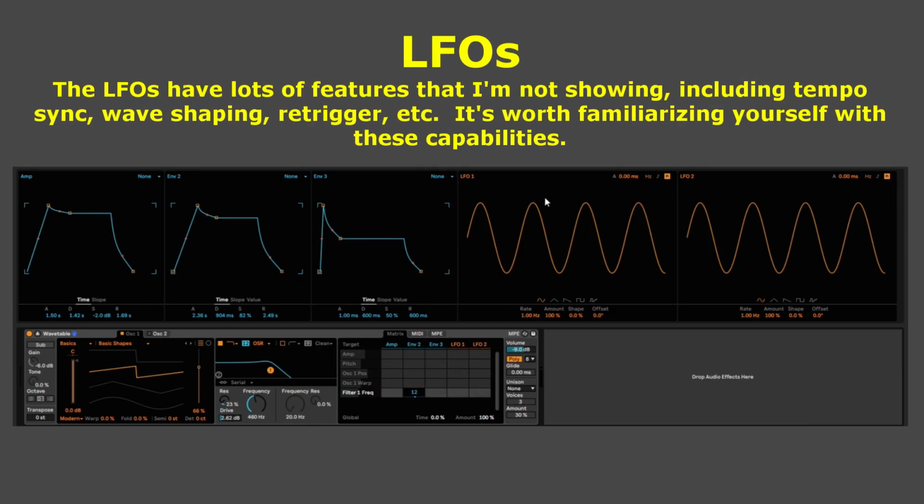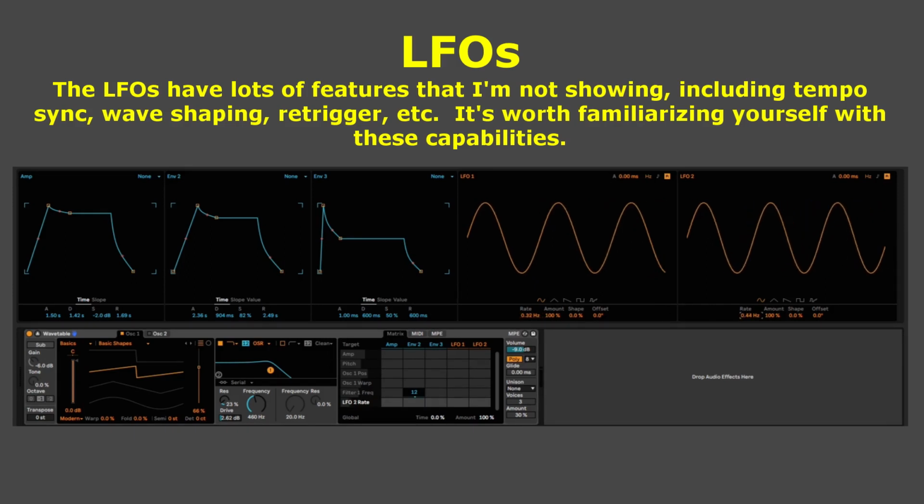The next thing is to use LFOs to modulate the pitch and the filter cutoff frequency, just a very slight amount. And I'm going to do it at a fairly low rate. So I'm going to take LFO1 and LFO2 and lower the rates down to somewhere between 0.25 and 0.5 hertz or so.